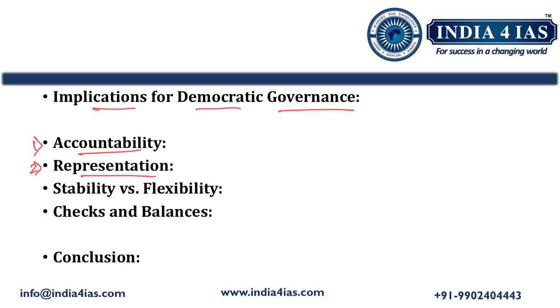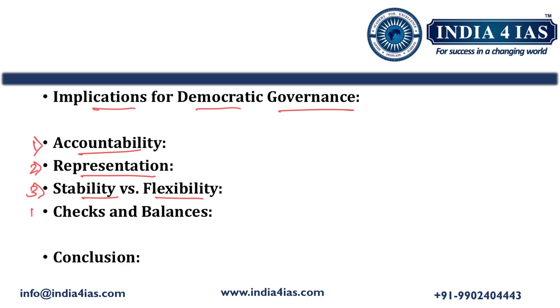The parliamentary system ensures representation of diverse interests through the elected Lok Sabha, and indirectly ensures the representation of the states and their interests in the Rajya Sabha. The third is stability and flexibility. This form of government ensures governmental stability and flexibility.